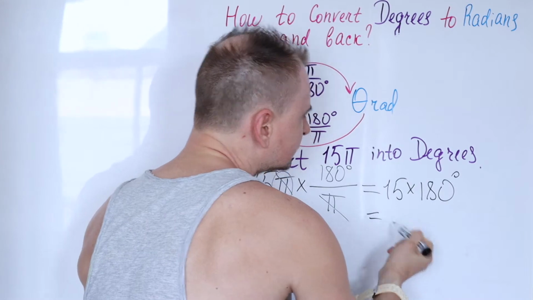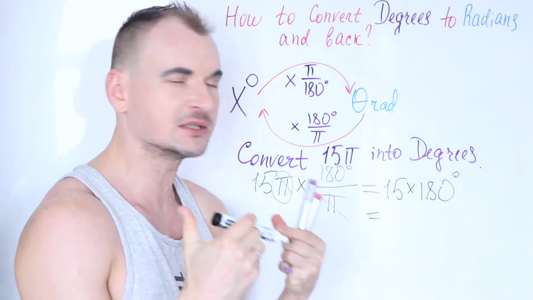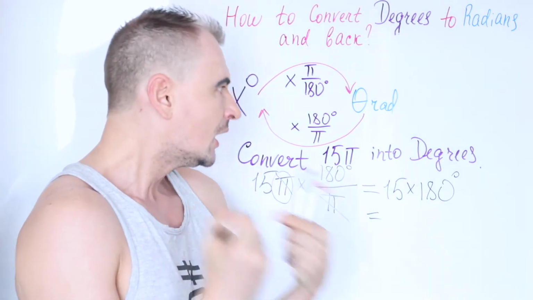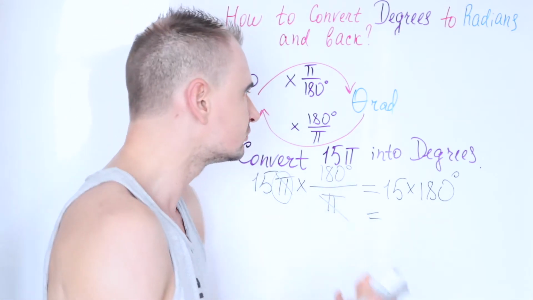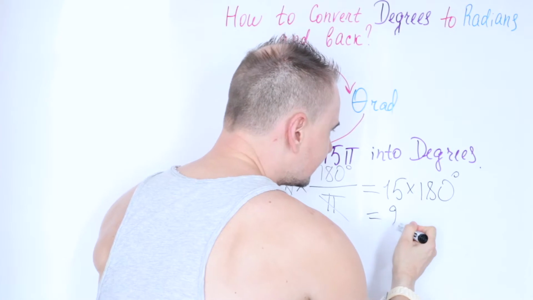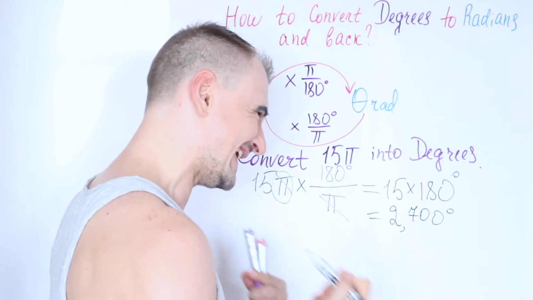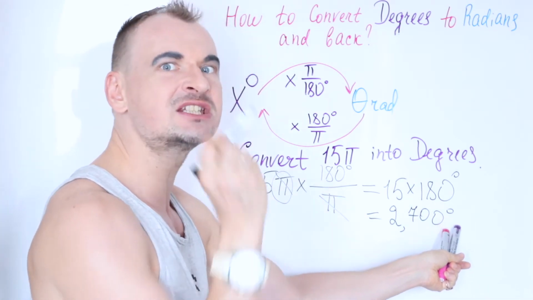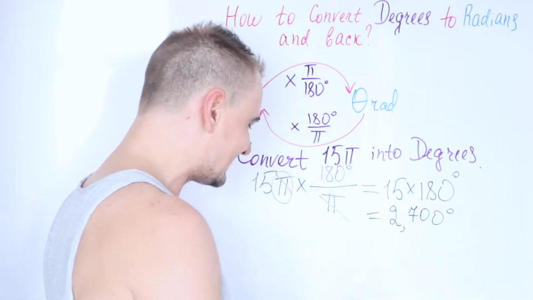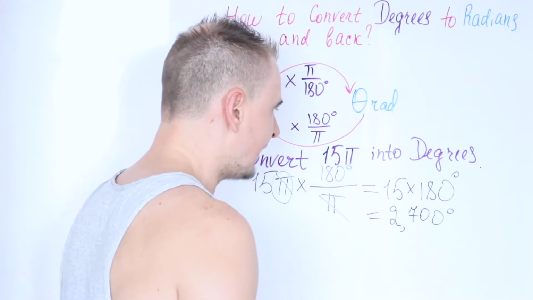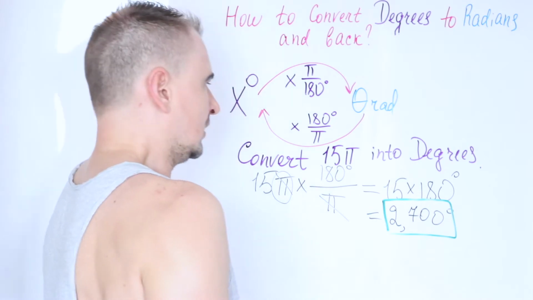If you're allowed to use a calculator, you would plug it in and work it out, or you could do it by hand, obviously, and you would be left with 2,700, kind of a huge number, degrees. So don't forget to write this little circle up in the corner that indicates that you are left with degrees. So that's your degree measure for that angle.